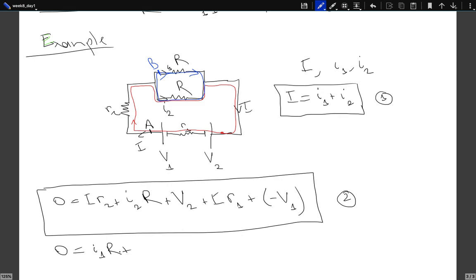Well, I'm going along the blue loop, so there is no resistance. Now there is a resistor, which creates a potential difference. What is the potential drop as I go from this point to this point? It's definitely I2 times R. But you see, the current is running in this direction.